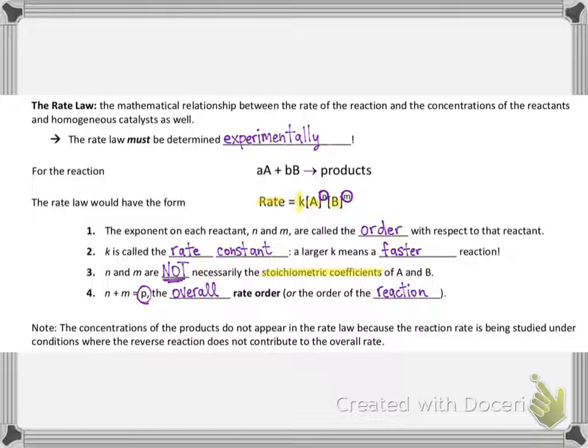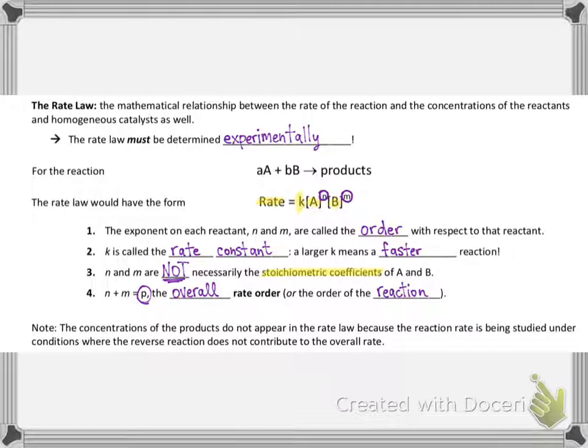The concentration of the products are not appearing in the rate law, because when we are studying the reaction rate, we're studying it under conditions where the reverse reaction is not contributing to the rate, which means you're usually measuring it while you're starting with all reactants. So you will never have products in your rate law, only reactants.